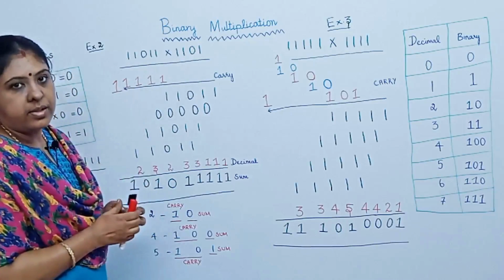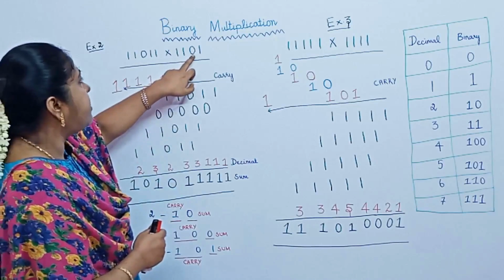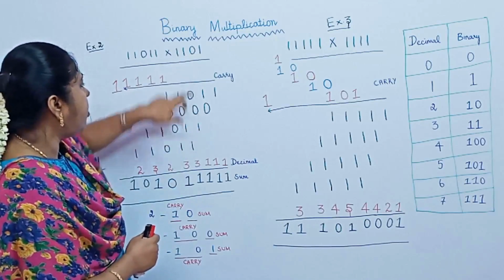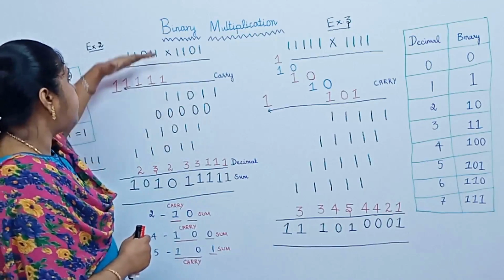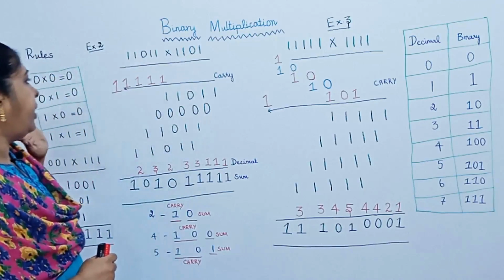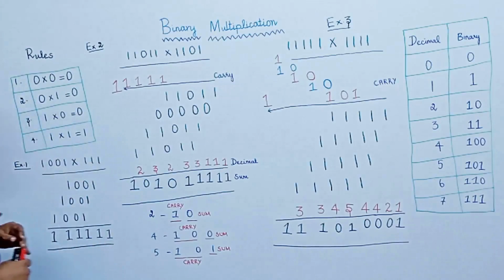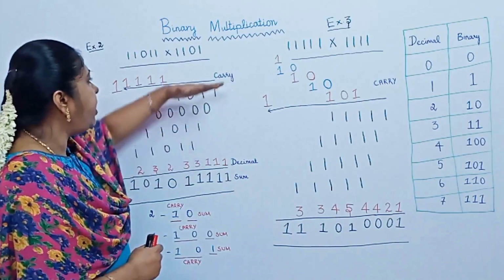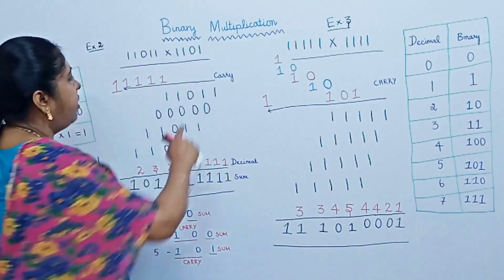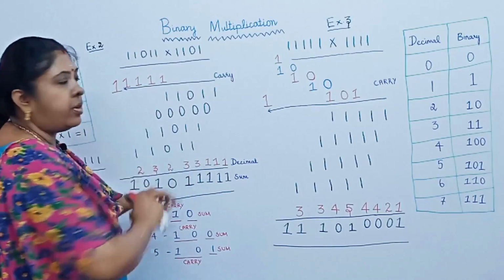No explanation is needed, I think. Only the second digit is 0, so zeros are placed here. In the others, the numbers are repeated here. So when we want to add, we start from the last digit, adding from the right to the left.